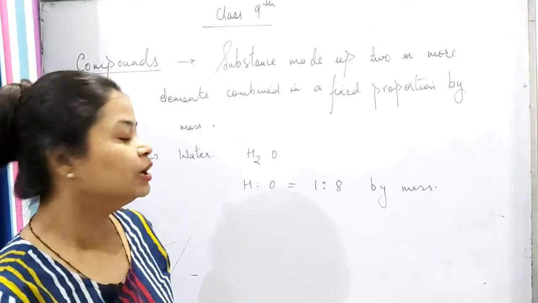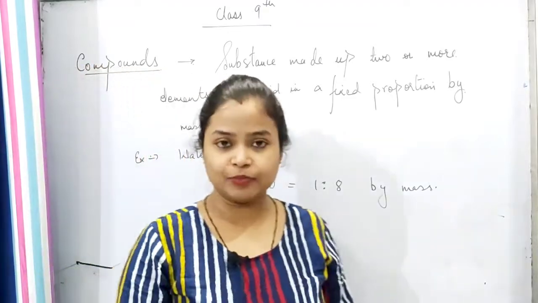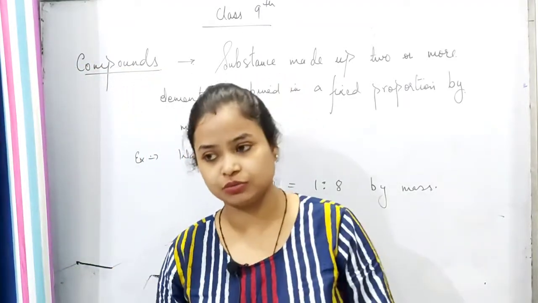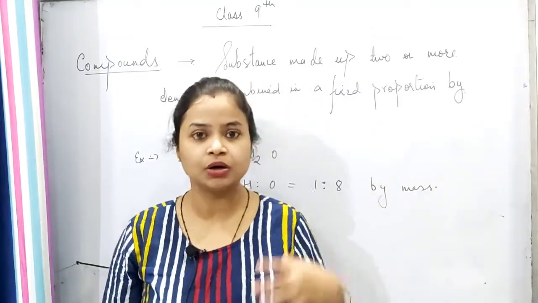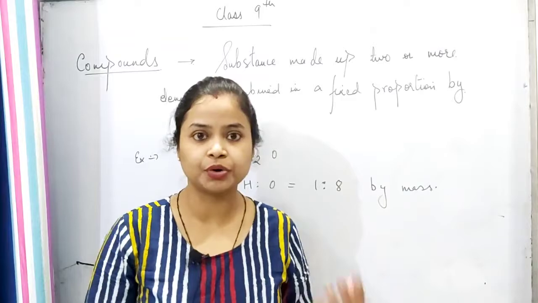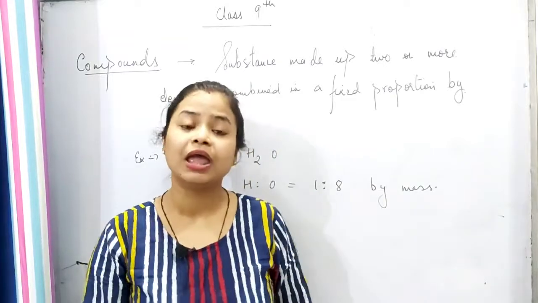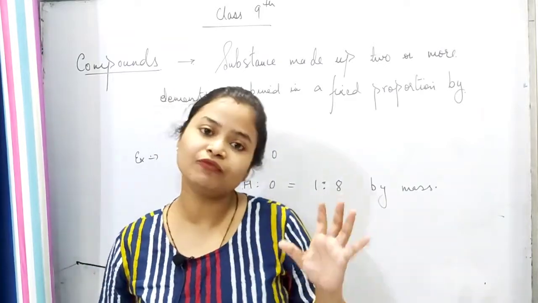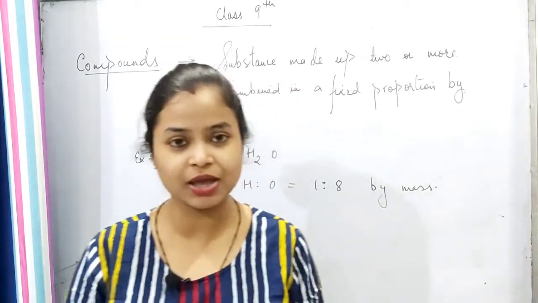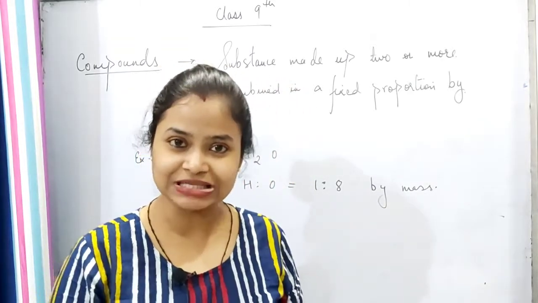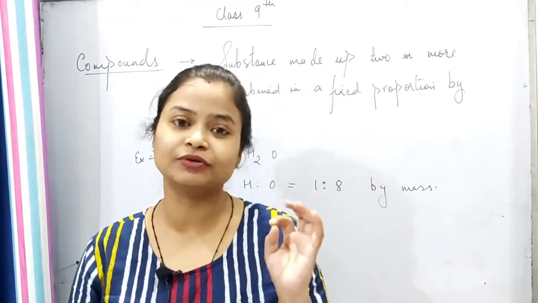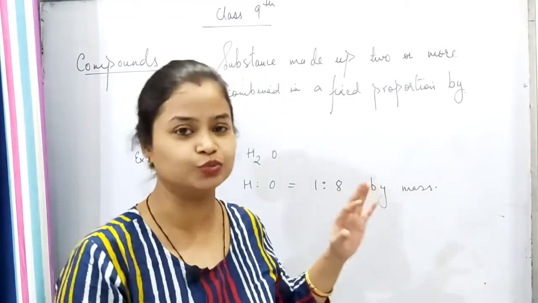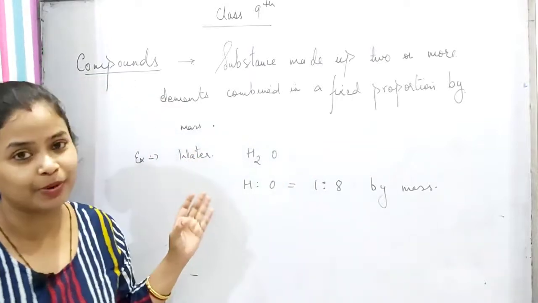Just remember now: whether you take tap water, ocean water, muddy water, distilled water, or rain water, everywhere the formula for water is H2O only. It may have some impurities in it, but the formula will always be H2O. That is what a compound is.